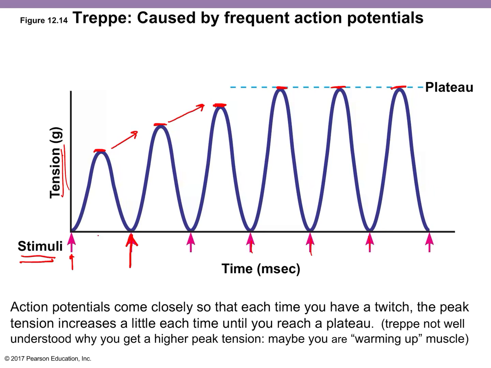Maybe with the first one you don't have a whole lot of crossbridge formation, and as you warm up the muscle, you get more and more crossbridge formation and more tension. But regardless, this is a phenomenon that happens. So frequency of action potentials can give you more tension.